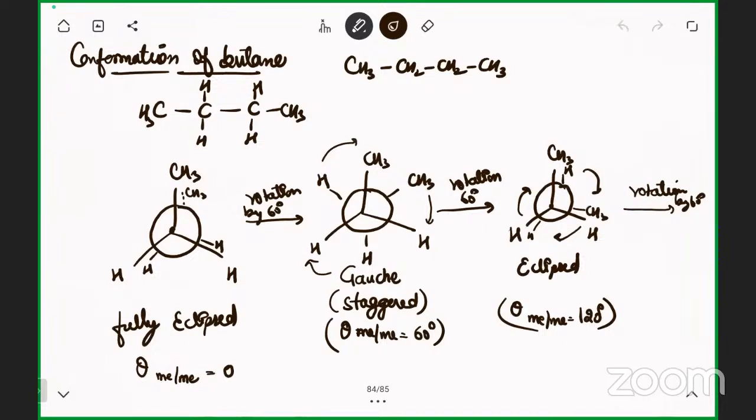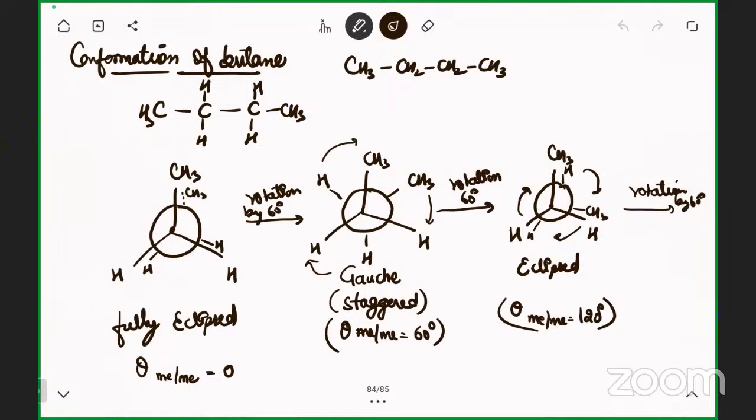So you can make the 4 structures if you want to make. Done. You have to do just 60 degree rotation only. First one is eclipse, second one is Gauche, third Gauche is also known as skew form.